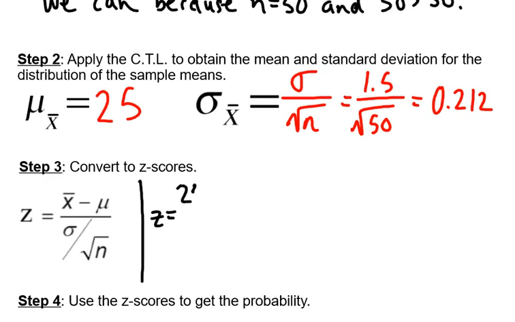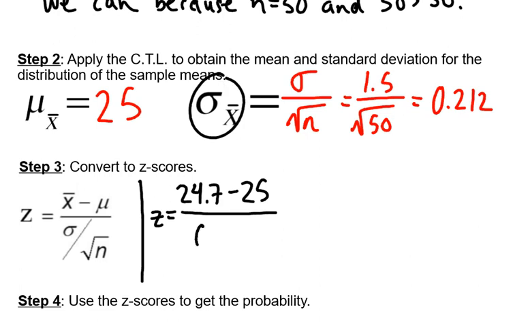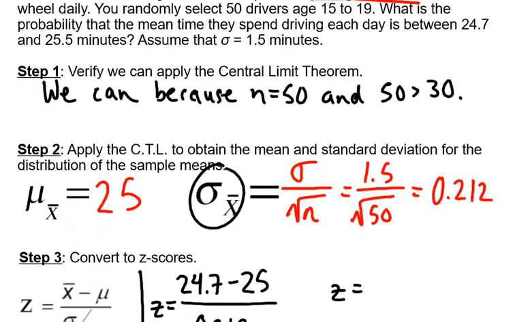So 24.7 minus the average, 25, divided by, well, we found this right here already, the population standard deviation divided by the square root of n, that's 0.212. So our first z-score is going to end up being negative 0.3 divided by 0.212. That's negative 1.415.